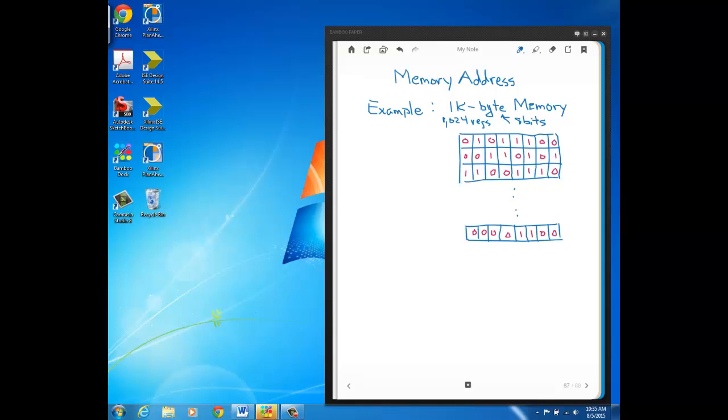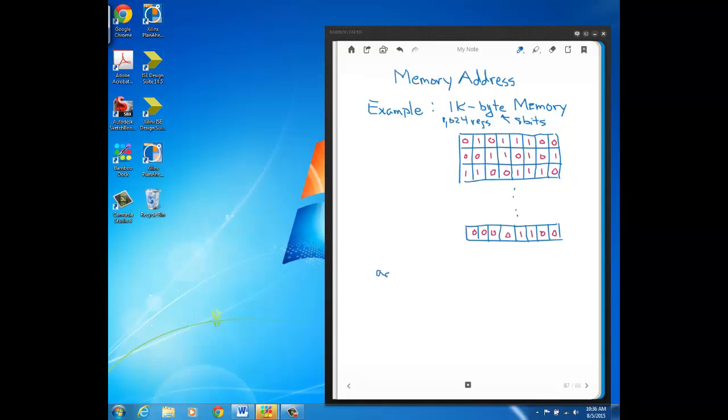Because again, a byte is 8 bits. So this is the notation that we have. Again, each rectangle is a register, and each square inside the rectangle that represents the register is a memory cell. And since we have the word byte here in the description, each one of these registers can hold 8 bits. Well, a memory address is just a unique number assigned to a register.